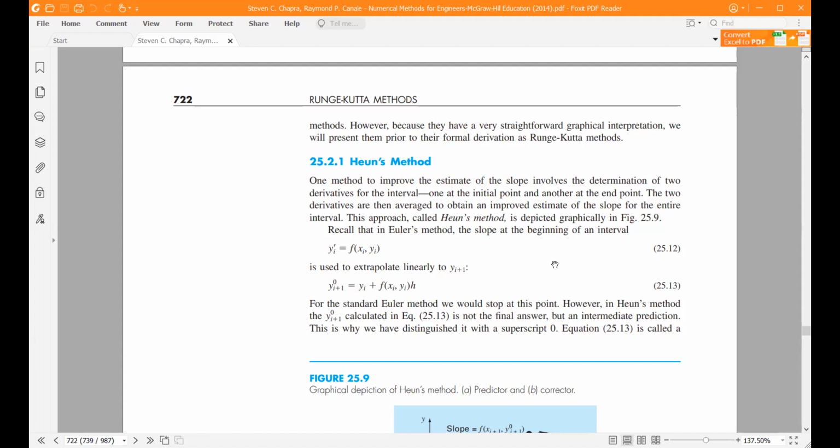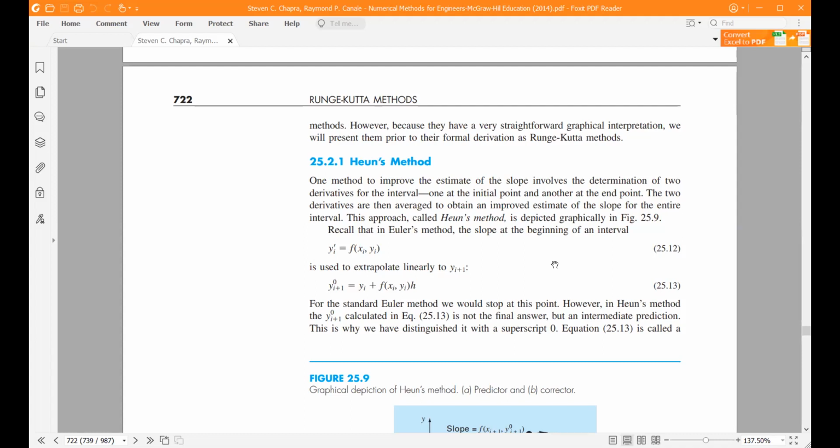Then you take the average of these two slopes by adding them together and dividing by 2. Then you proceed with the equation y_{i+1} = y_i + phi times s. Your phi would be the average of the two slopes, one at the beginning, another at the end. The end slope is calculated by using an intermediate value of your function. That intermediate value is predicted by Euler's technique. This is the modification of the Euler method, and it is called the Huygens technique.